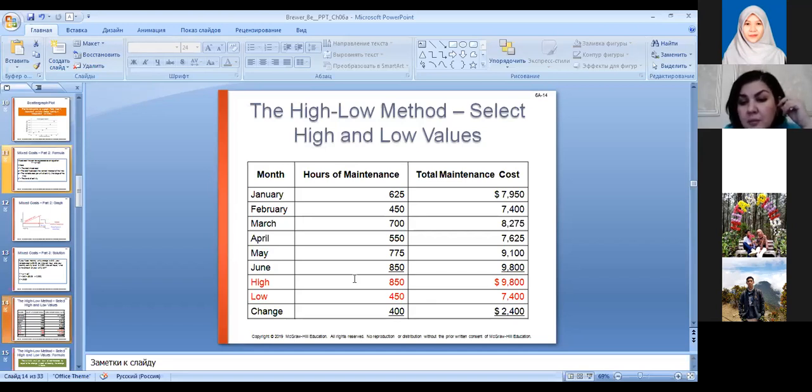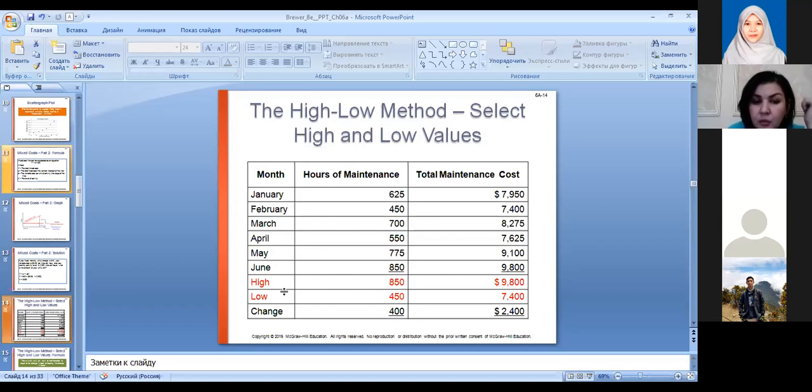In June. So we'll define the high activity level as 850 hours. Which one is the lowest activity level, lowest hours of maintenance? In February. Low activity level, 450. So what is the difference or change? 850 minus 450 equals 400, right?